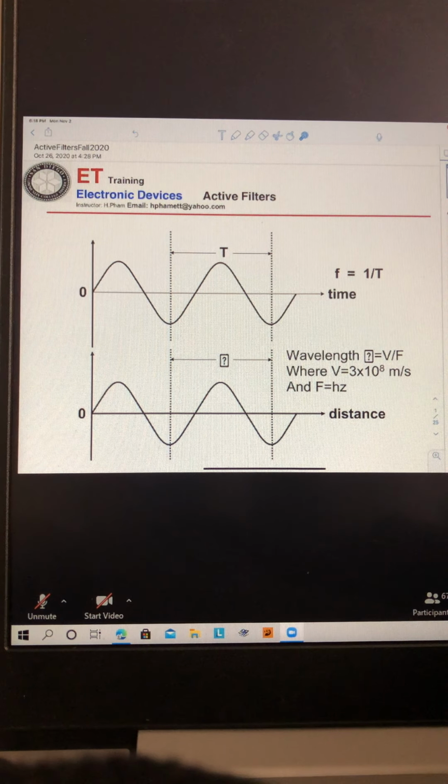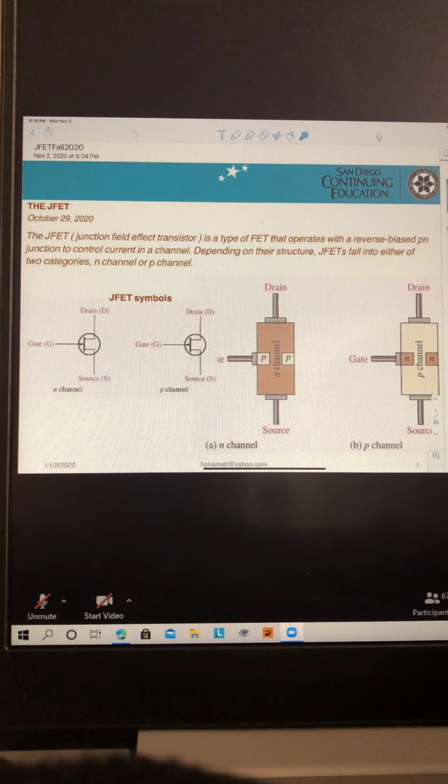Yeah, still. That means you download the active filter, and also you have to download the JFET. You must get that, okay? It's on the electronic lecture. All right, I see it.